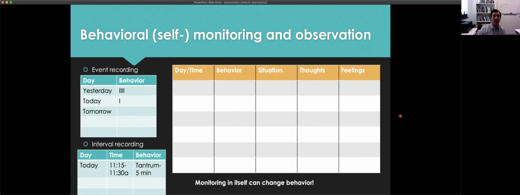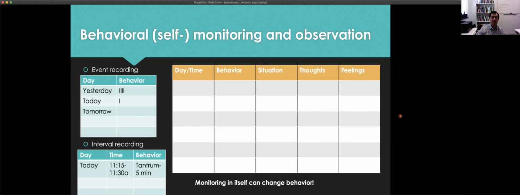So behavioral self-monitoring and behavioral observation are two key tools. Really what those are referring to is either having a client monitor themselves or someone in their family. That's something that I would do often in working with parents on child behavior problems, for example.